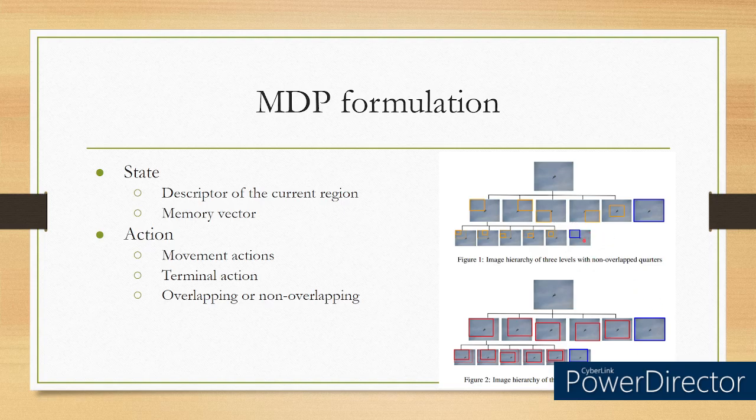Like in figure 1, the non-overlapping approach doesn't capture the target because the target is too central, but in the overlapping one, there are two possibilities to capture the target.